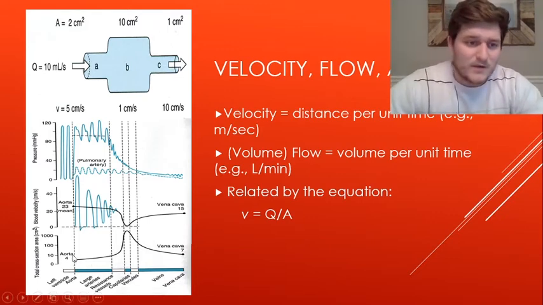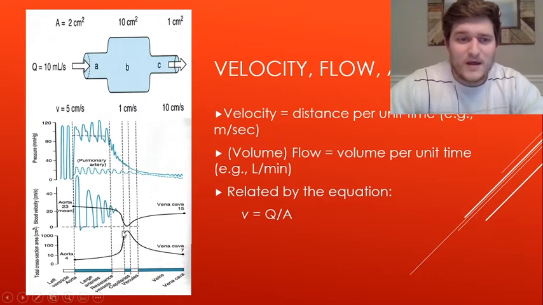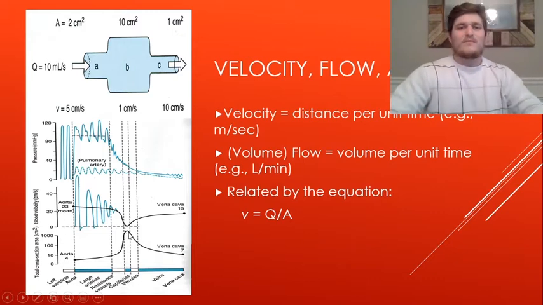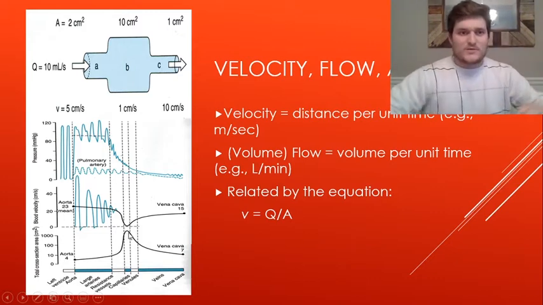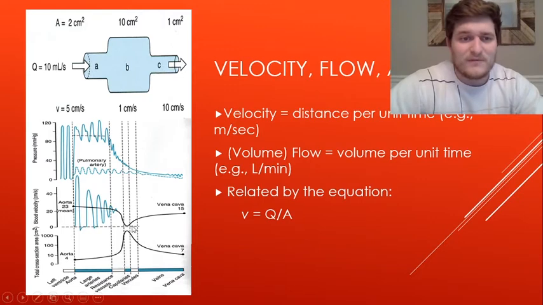And so as we go from the aorta to the arteries to the arterioles, we get more and more cross-sectional area of those vessels. And we hit a peak in the capillaries where we have the greatest amount of cross-sectional area. Therefore, the blood velocity at the capillaries is actually the lowest.